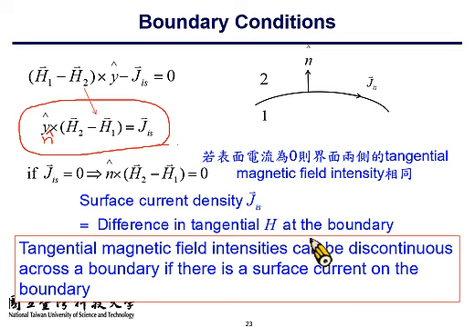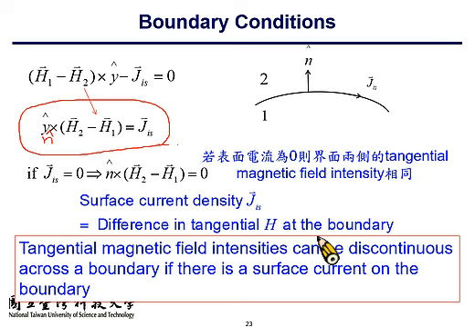So here is our first result, the first boundary condition. Tangential magnetic field intensity can be discontinuous across a boundary if and only if there is a surface current on the boundary. If you have a surface current on the boundary, you have a discontinuity in the tangential component of magnetic field intensity.